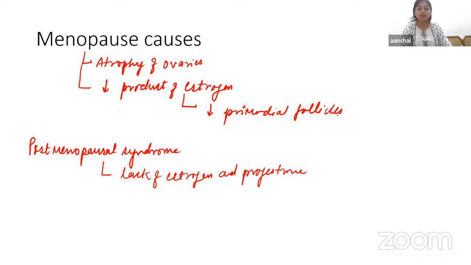Various symptoms are there, like hot flashes. What are hot flashes? This is characterized by extreme flushing of the skin. Hot flashes start with discomfort in the abdomen, and there will be a chill followed by a feeling of heat spreading towards the head.